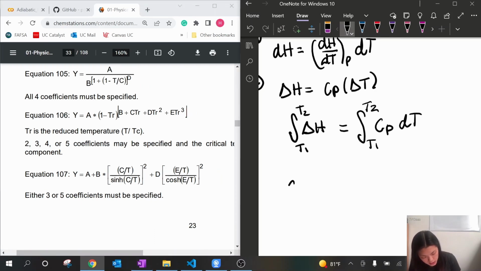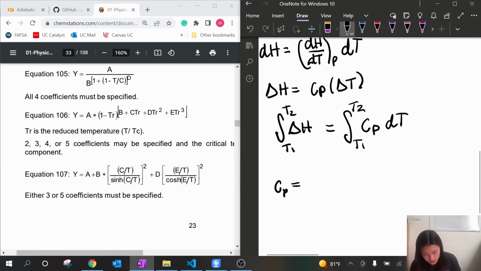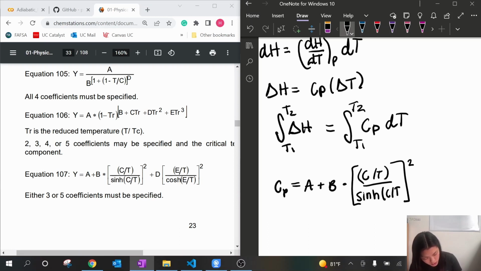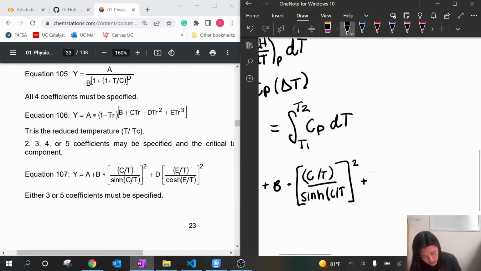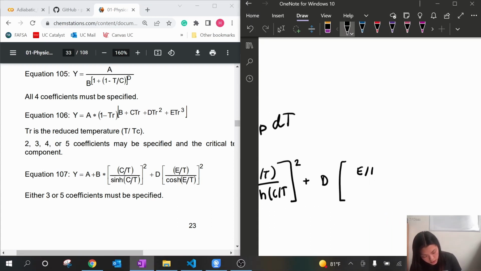This equation says that the heat capacity, in this case referred to as Y on the left, is A plus B multiplied by C divided by temperature, divided by the hyperbolic sine of C divided by temperature, that whole quantity squared, and then plus D multiplied by the quantity of E divided by temperature, divided by the hyperbolic cosine of E divided by temperature, that whole quantity squared.